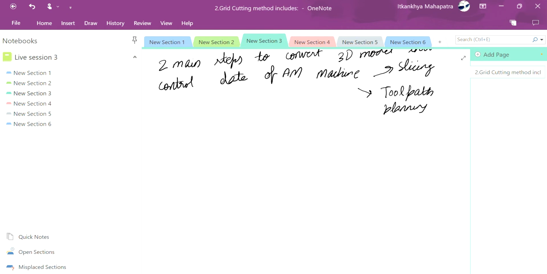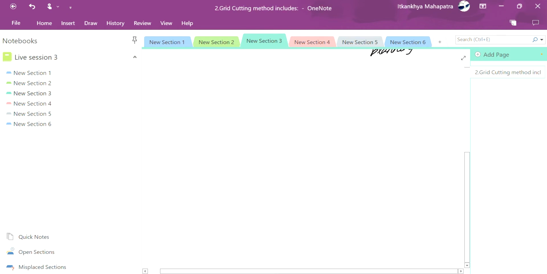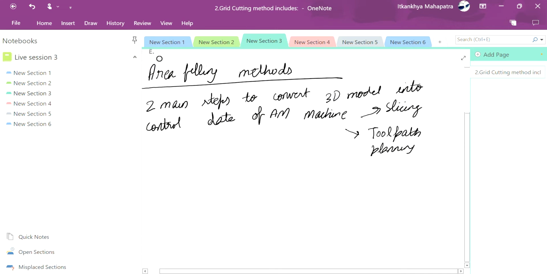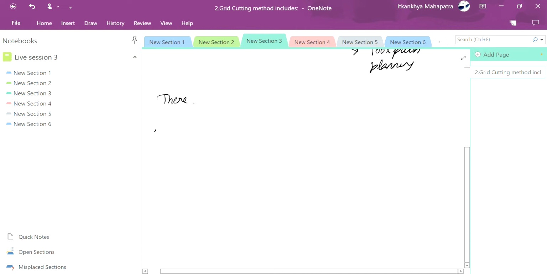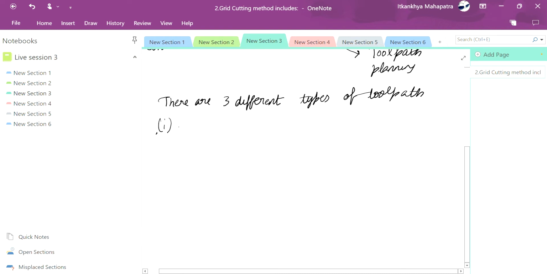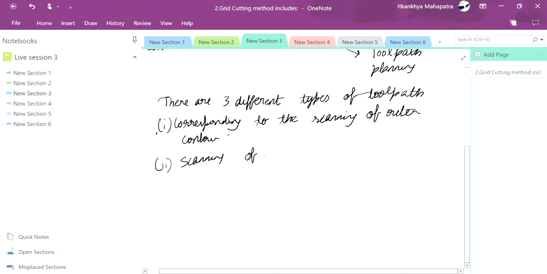Now there are three different types of toolpath, corresponding to the scanning of the outer contour, the scanning of the inner contour, and the scanning of the inside area.